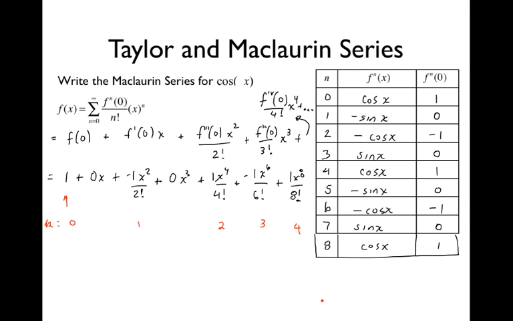Does it make sense? So now I want to rewrite this as a sum so that I'm not zeroing out every other term. I want to just get the non-zero terms. So I need a new formula based on k. It's going to be the sum now as k goes from 0 to infinity.